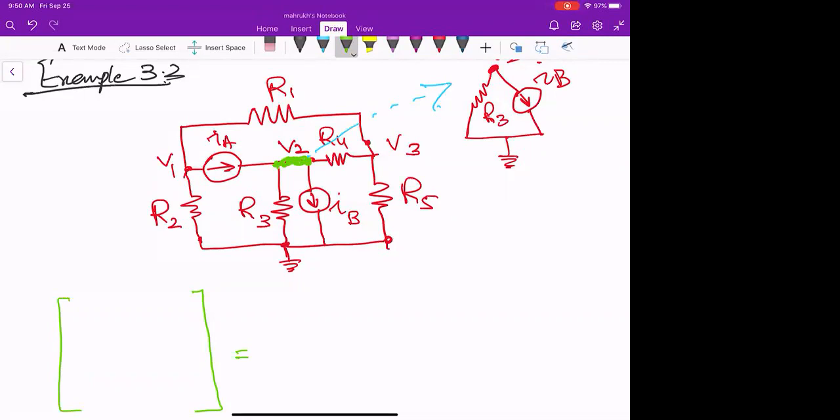What I was saying, can we write the equations? What will be the current at node 1, the independent current source, like the sum of the current that is entering? What it will be?